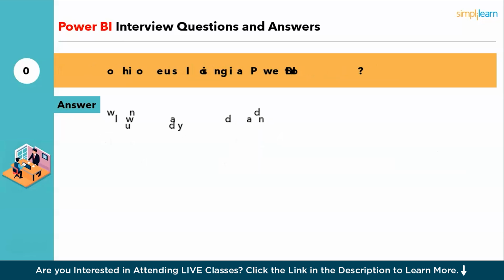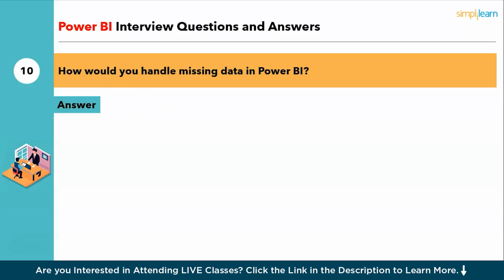Now, let's continue with the 10th question. How would you handle missing data in Power BI? This can be asked for both beginners as well as experienced candidates. So it's obvious if you're a data analyst that your data will not have completely filled rows and completely filled columns, right?